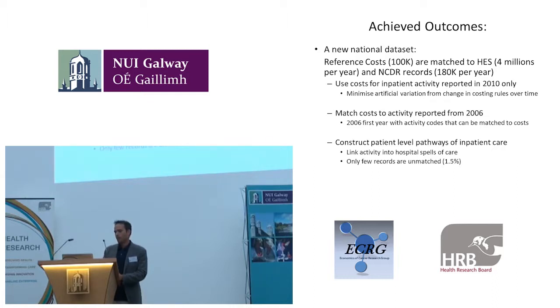So we match 100,000 data records on costs with about 4 million a year in data about in-hospital visits and finished consultant episodes, and then these have been matched with the NCDR, so records about the patients registered at the cancer registry, which are about 180,000 per year.